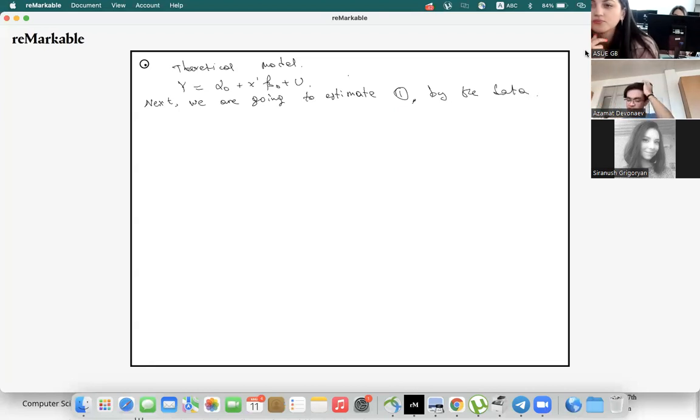Just to give you some brief explanations of types of data, because then you will see, for example, panel models and stuff like this. Data is basically something you take from the outside.